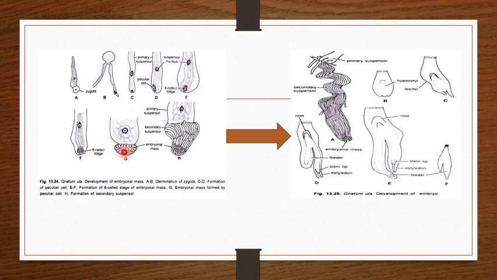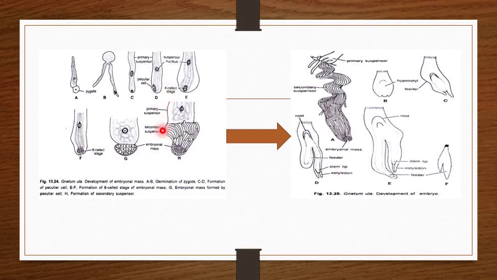Whatever may be the pattern of formation of the embryonal mass and secondary suspensor, the cells of the former are small, compact, dense in cytoplasm and develop into the embryo proper, while those of the latter, for example these secondary suspensors, are thin-walled, uninucleate and highly vacuolated.